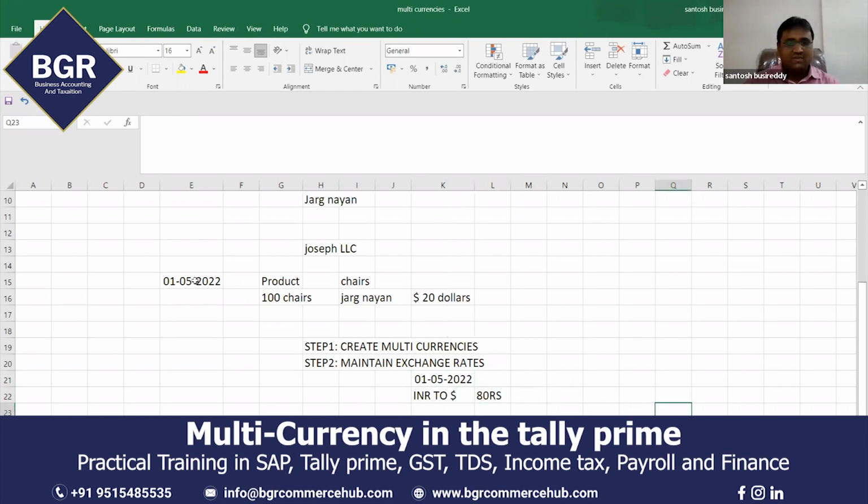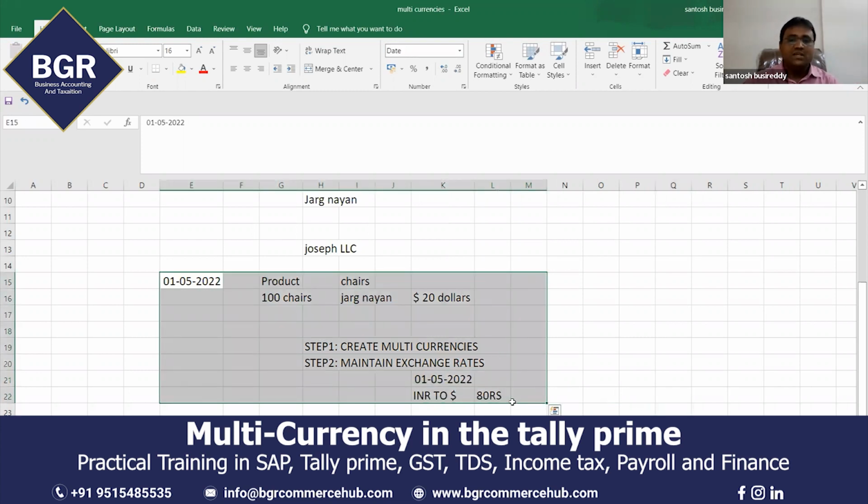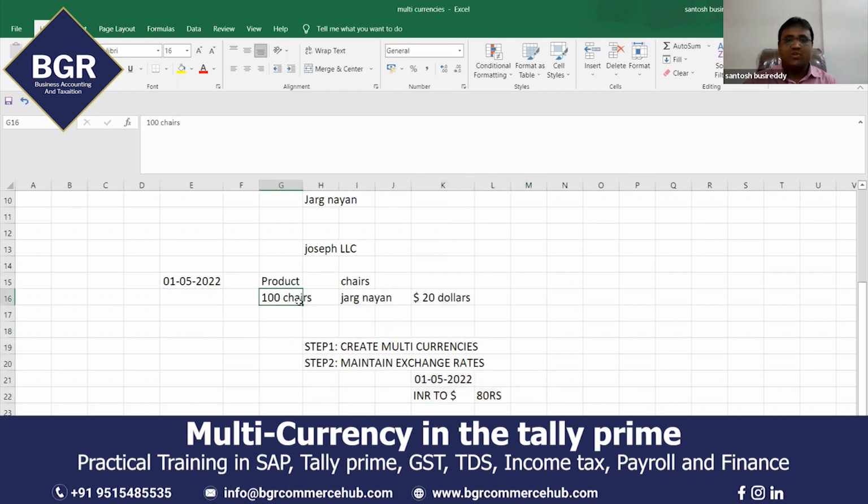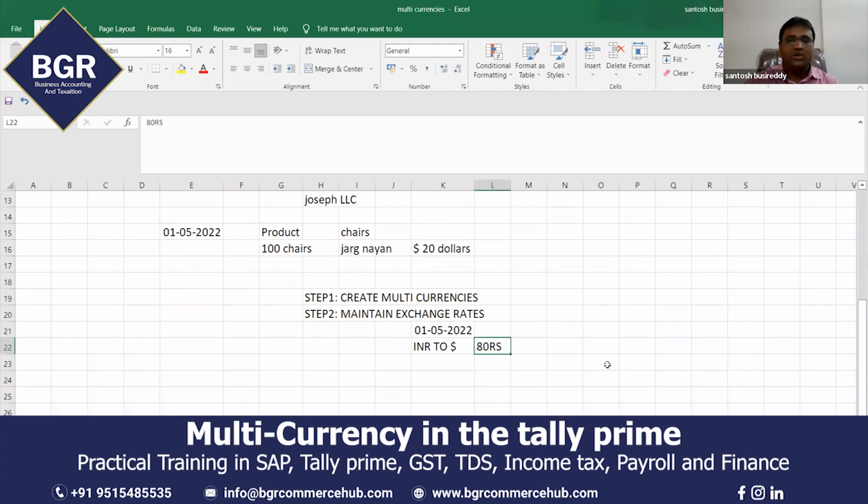Now this sales invoice has to be raised. I am selling 100 chairs to the party, each chair is $20. The exchange rate as per the sales invoice date is 80 rupees per dollar. Next, step 3, you pass the sales voucher.